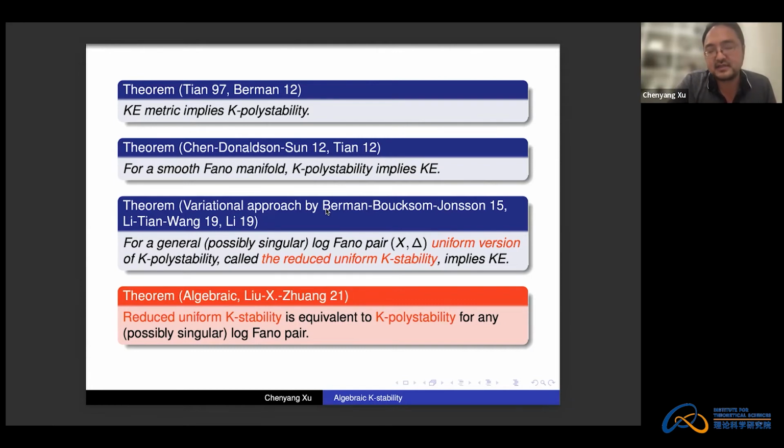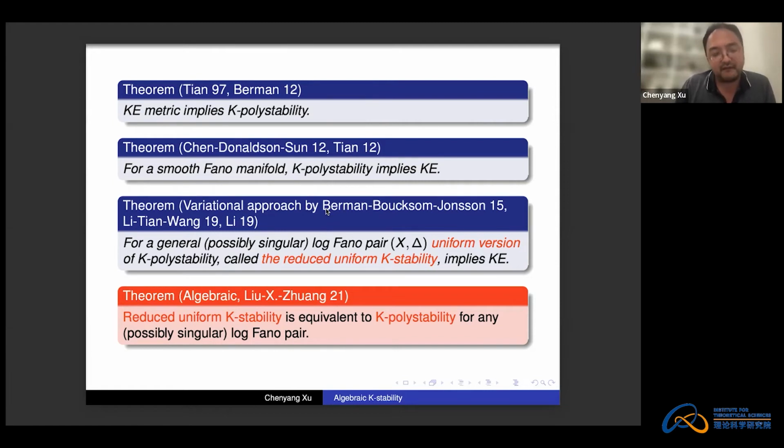So you might ask, why is the second theorem still a theorem to say some algebraic condition implies the existence of a KE metric? So it's just as good as the first one, but actually it's not. You will say that in some sense the second metric means some of the most important recipes for us to understand the family of Fano varieties.